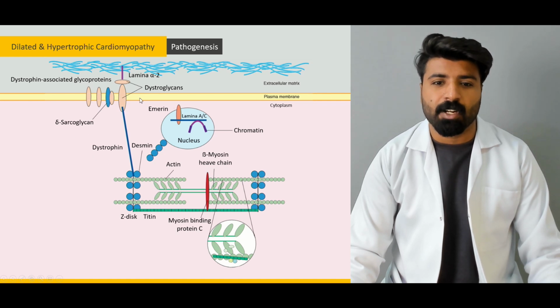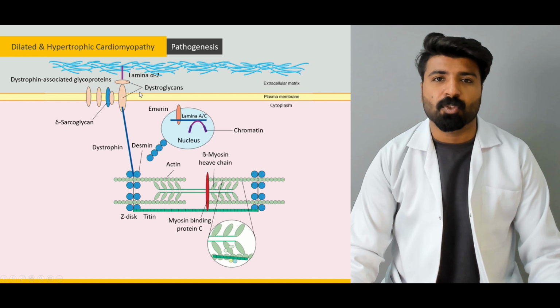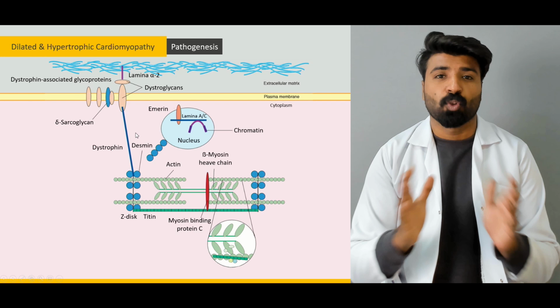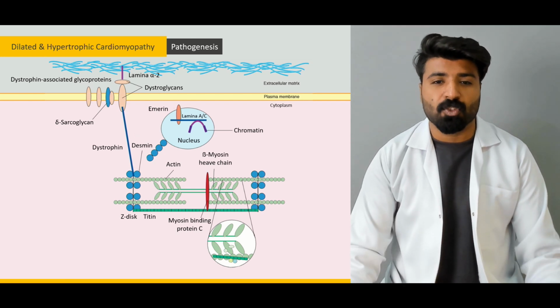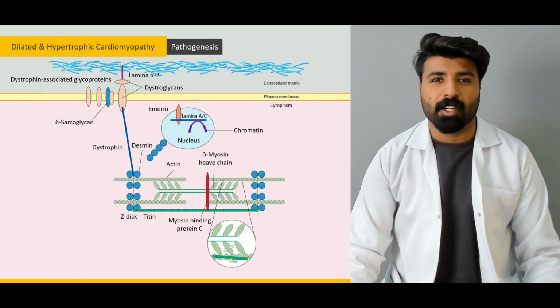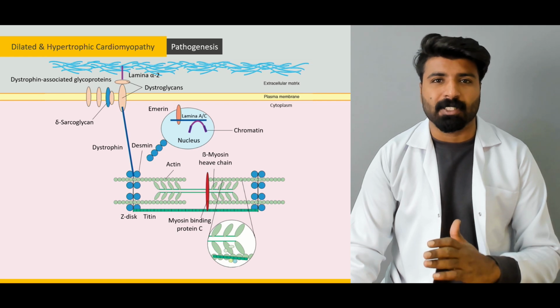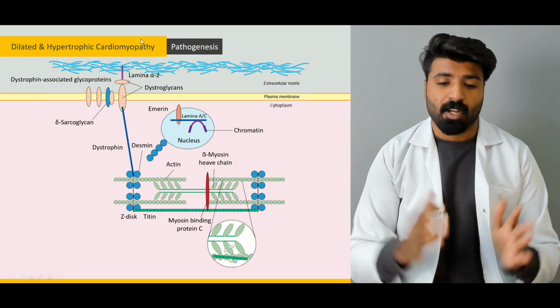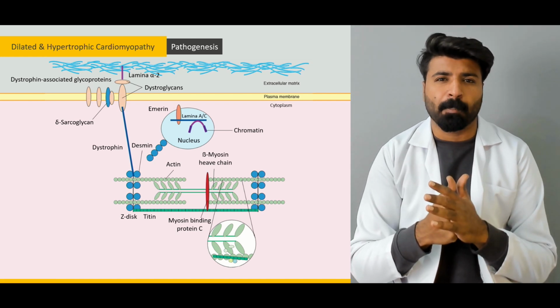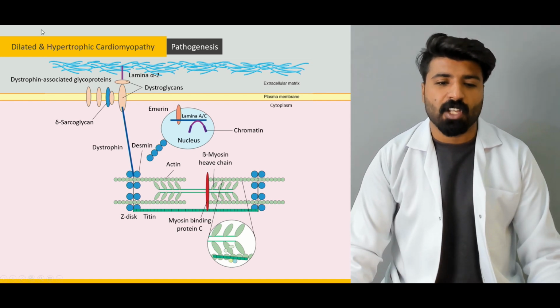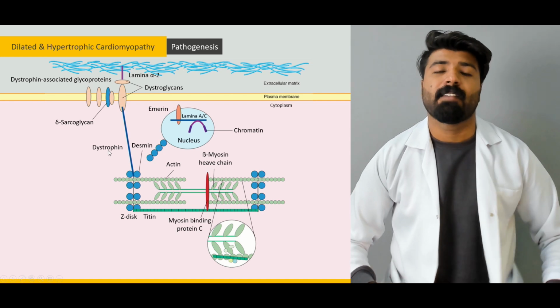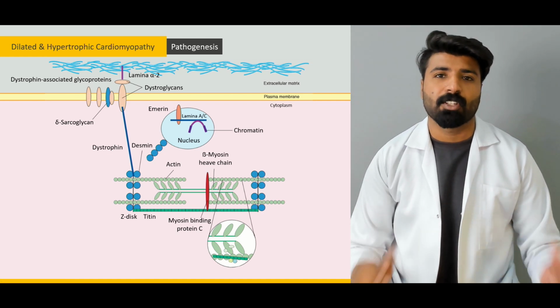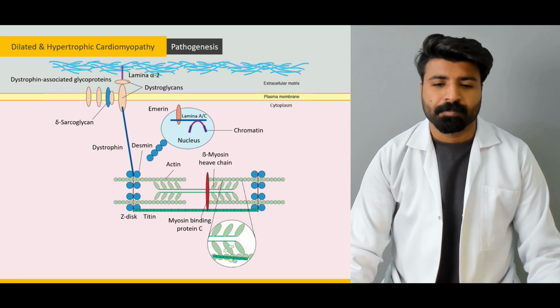Now you can see the pattern here. When lamina alpha 2, lamina A, lamina C, and then desmins, when those genes which code for these 2 structures get mutated, this leads to dilated cardiomyopathies. On the other hand, when those structures which embed these cytoskeletal proteins, which are alpha-sarcoglycan or dystrophin, are mutated, they lead to this kind of pathology.